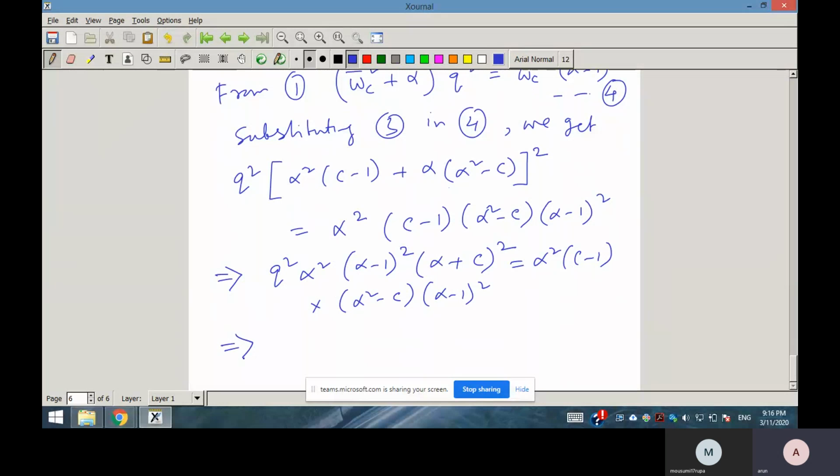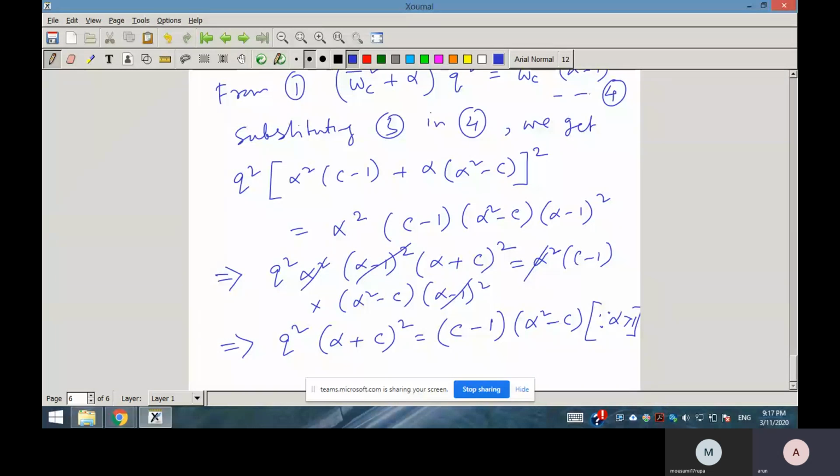So from here you can simplify it: q square into alpha plus c. So this will get cancelled. This will get cancelled. So that means alpha plus c whole square is equal to c minus 1 into alpha square minus c. So why? Because alpha is greater than 1.